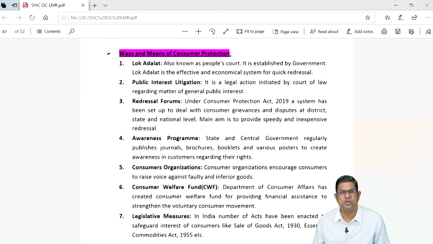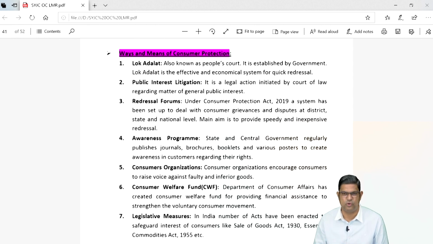Then the third one is called the redressal forum. So under the Consumer Protection Act of 2019 the government has set up a machinery, okay, so that those cases which are related with consumer exploitation can be taken up. There is a pure mechanism for handling only those cases which are related with consumers.